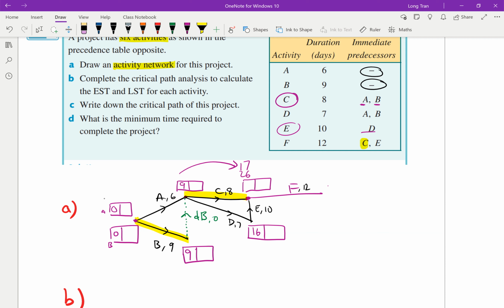So the earliest start time for F has to then be 26 minutes, because that's the longest time that's taken, but it's also the fastest time for D and E to complete, and therefore C is also complete as well. Okay, so 26 is the earliest start time for F, and clearly the earliest finish time for F would then be 26 plus 12 is 38.